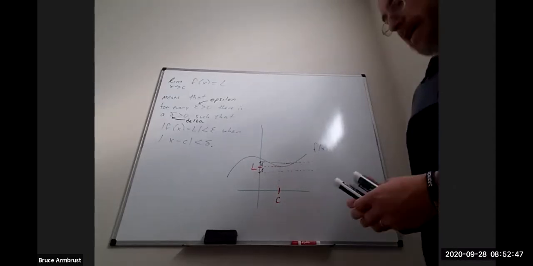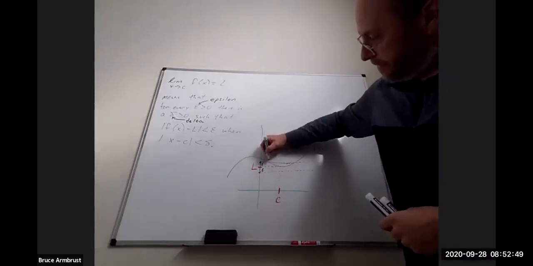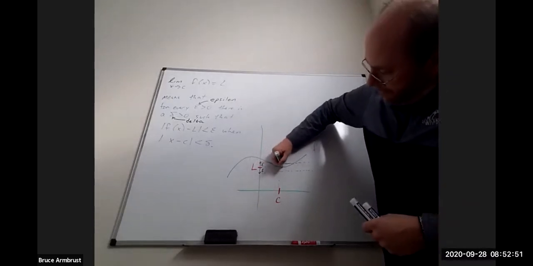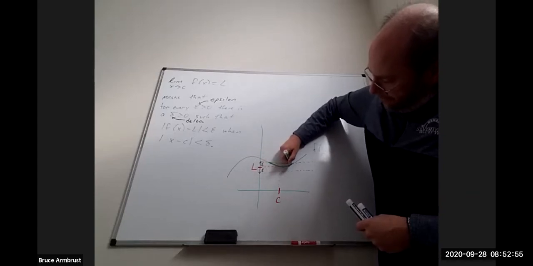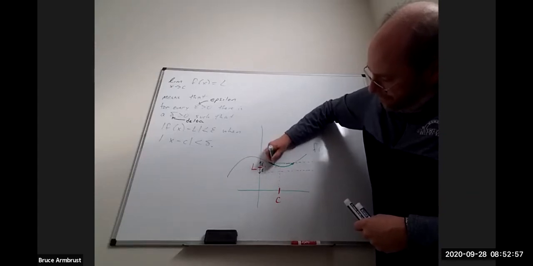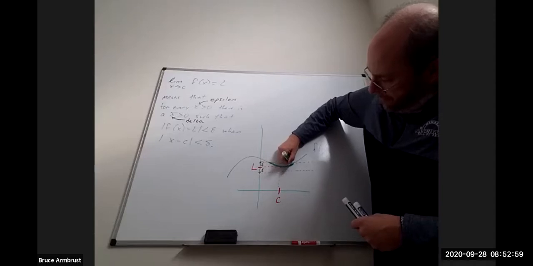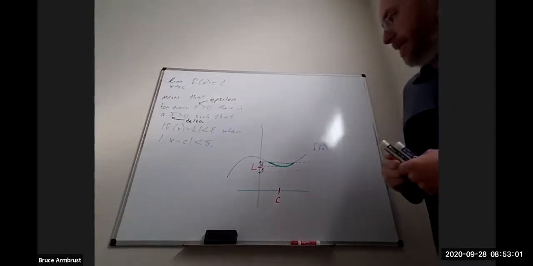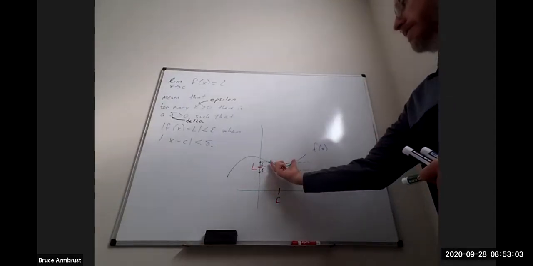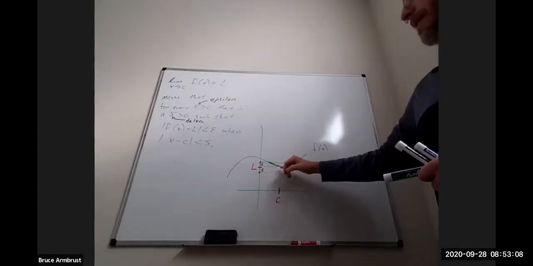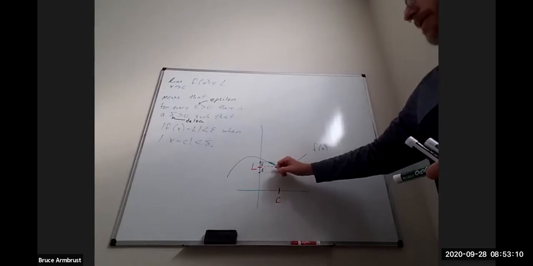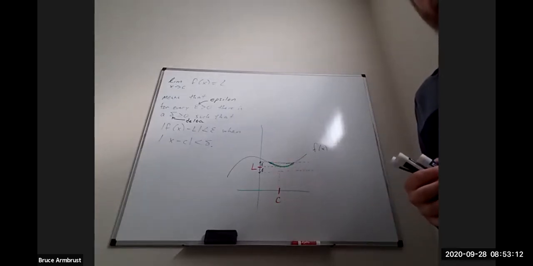And you can see that that actually happens here. So let me fill it in green so it's a different color. If you look at this bit, all of that is within the tolerance that was specified.